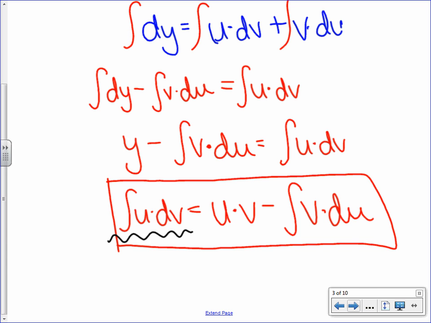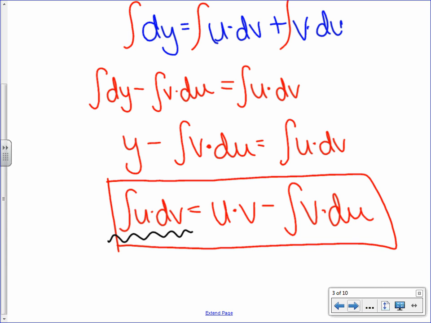Whatever we pick for u, we will have to differentiate to get the du. Whatever we pick for dv, we're going to have to be able to integrate. So basically, pick the ones that would be annoying to integrate for your u's, and the ones that are easy to integrate for your dv's.